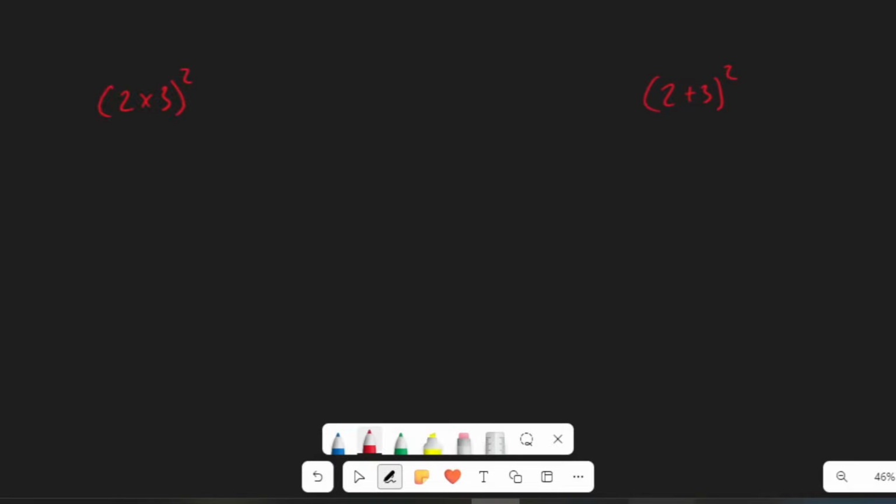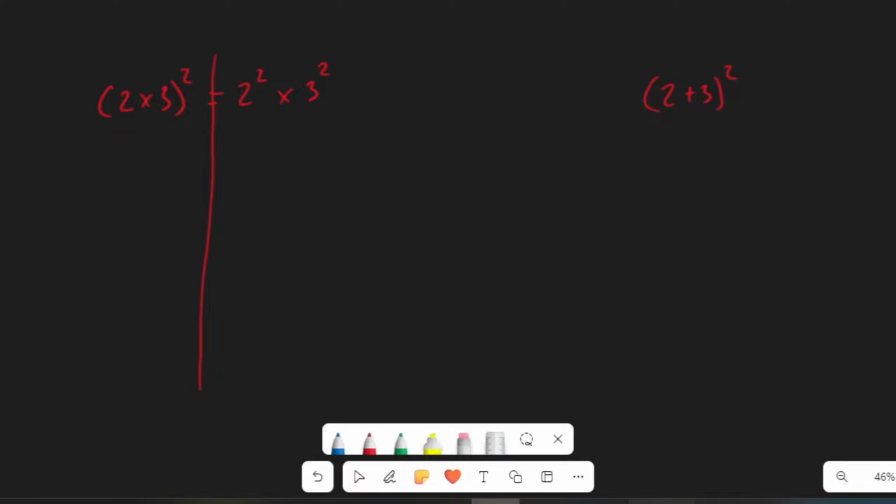So these two look a bit similar, but the way you approach them is completely different. For this, you can take the route of it's the same as 2 squared multiplied by 3 squared. So let's do each one alone and we'll see how they're similar.